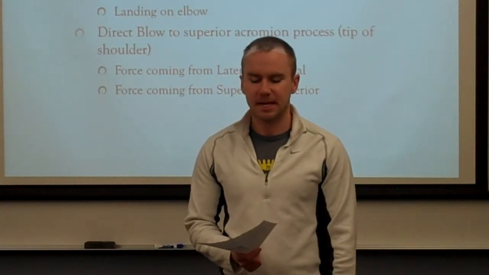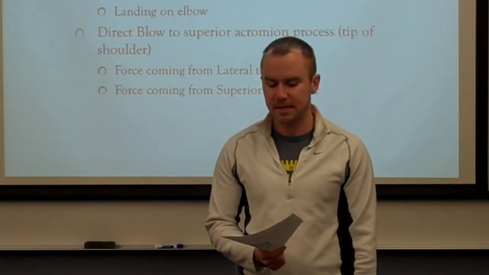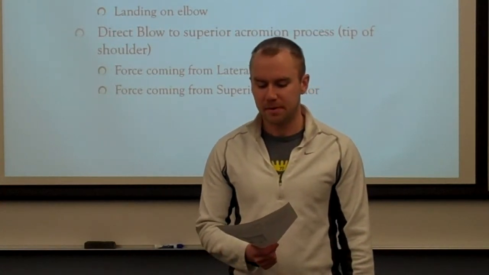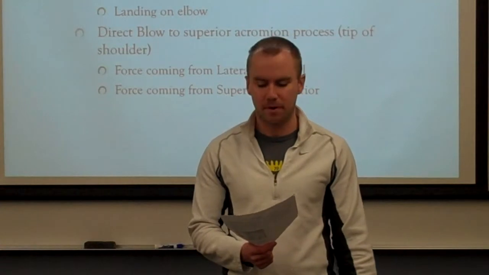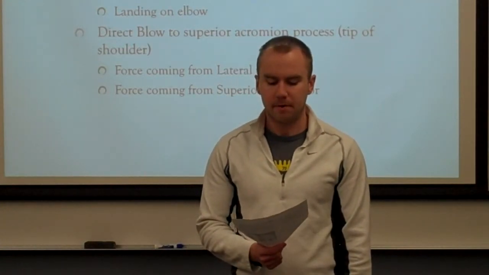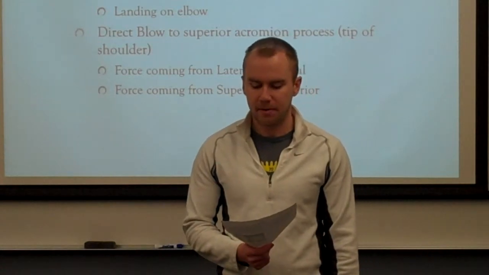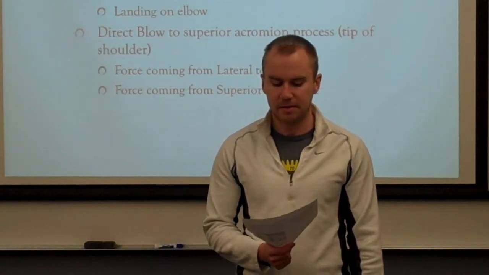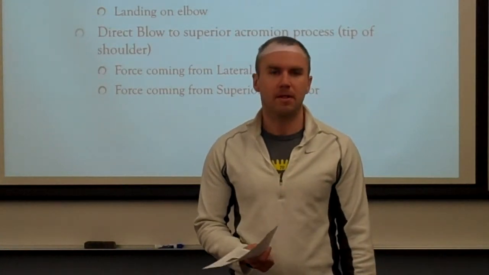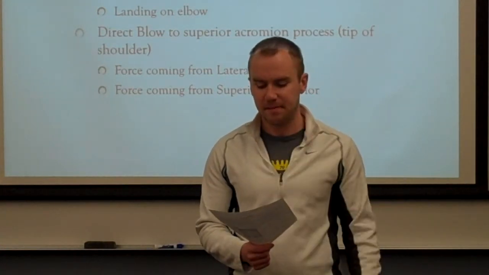Grade 3 would be a complete tear of the AC and CC ligaments, and with the complete tear there's going to be visible dislocation or deformity of the clavicle from the acromion. Grade 4 is complete tear of both, and also a tear of the deltoid and trapezius fascia, along with posterior clavicle displacement.